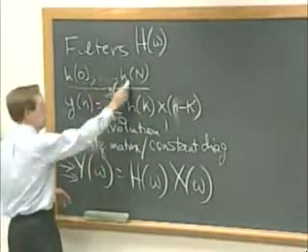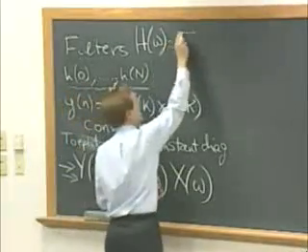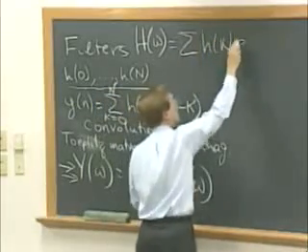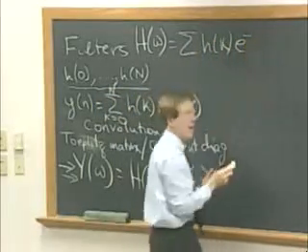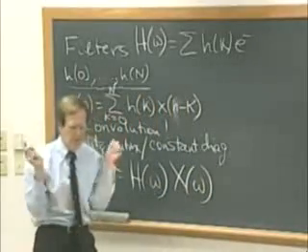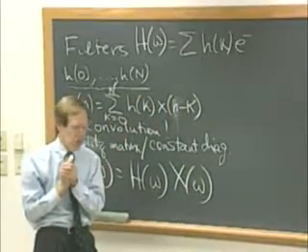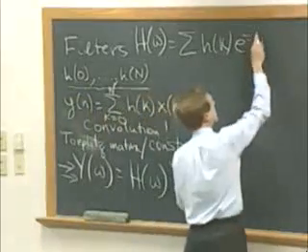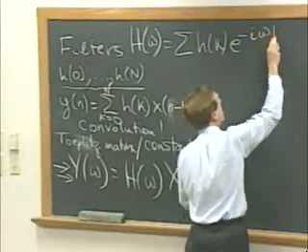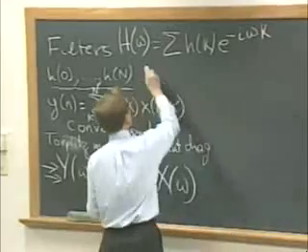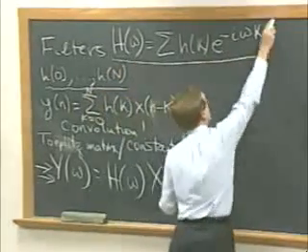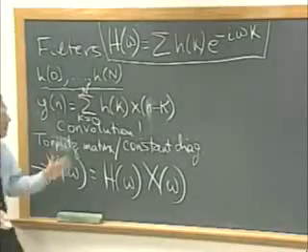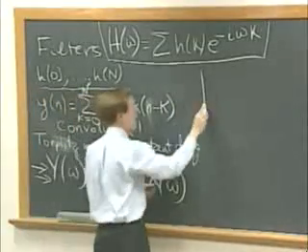We use these coefficients in a series, h of k, e to the minus i omega k. If everybody votes for j, I'll use j. Doesn't matter, right? e to the minus i omega k. All right, that's the function that tells everything.